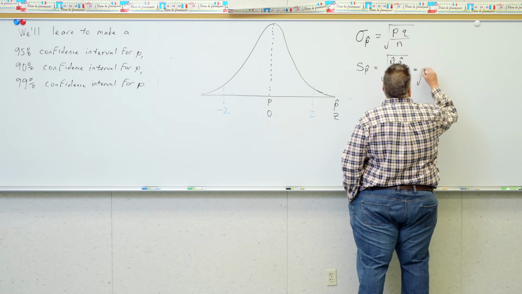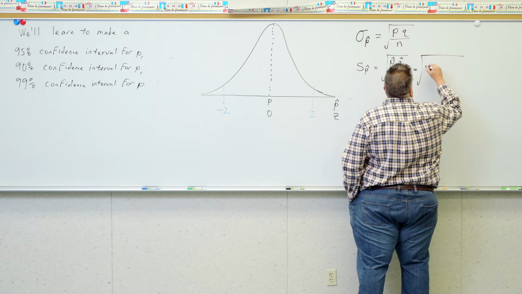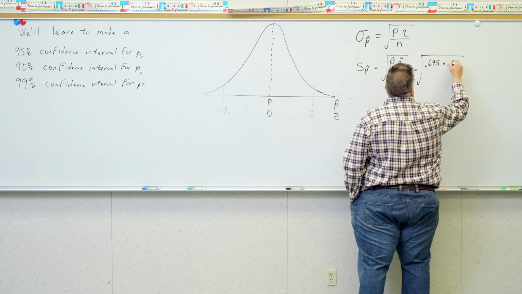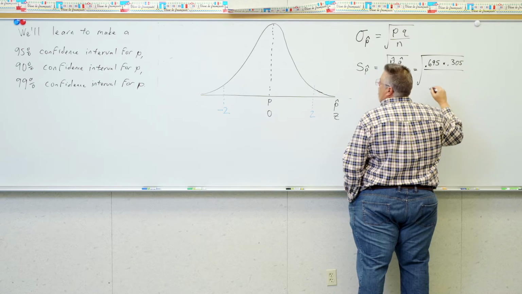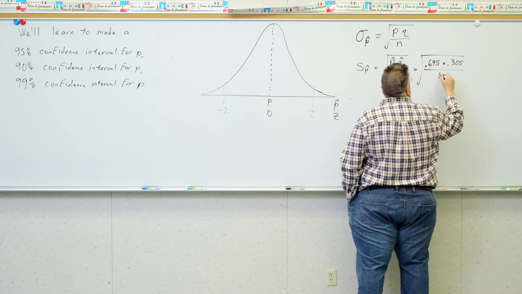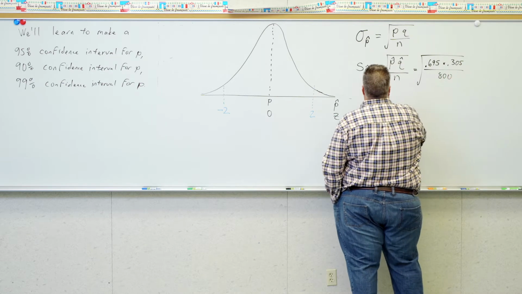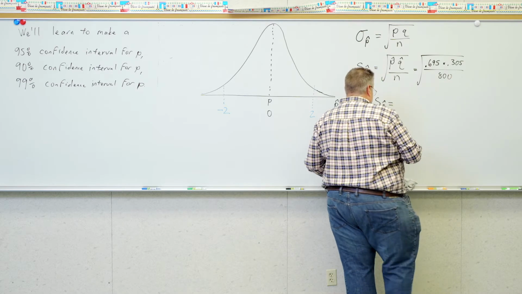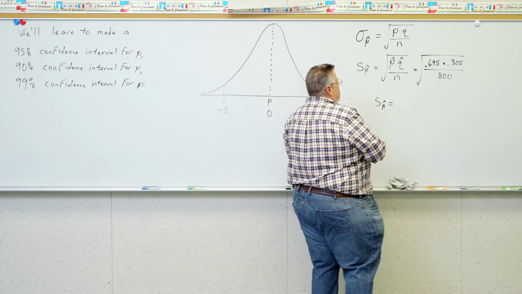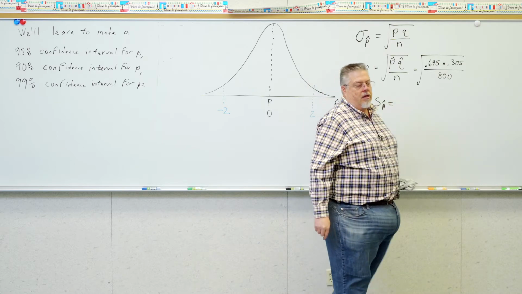So this is going to be the square root of 0.695 times 0.305 over 800. And I will get S of p hat, throw that into the calculator.